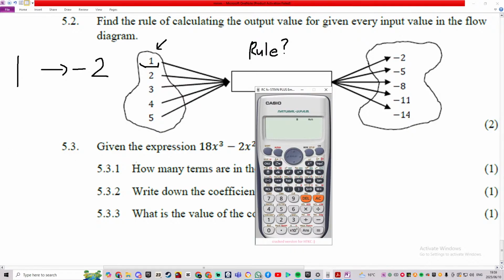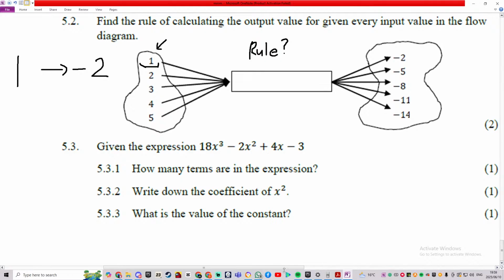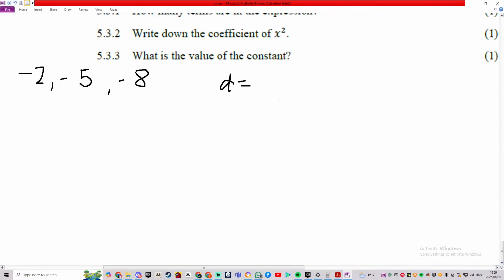So let me just go and create. I have -2, then I have -5, and then I have -8. I'm looking at my outputs now. I see that it's a pattern. The difference is -3. That's my difference there. So then I have Tn equals -3x.